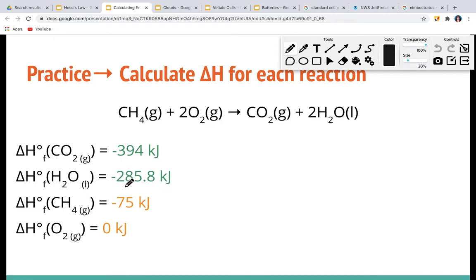Liquid water is negative 285.8 kilojoules. For methane gas, it's negative 75 kilojoules. And then oxygen gas, excuse me, sorry for the bell, is 0 kilojoules. Because any pure element is always going to be 0 kilojoules. So remember, we're going to do products minus reactants.